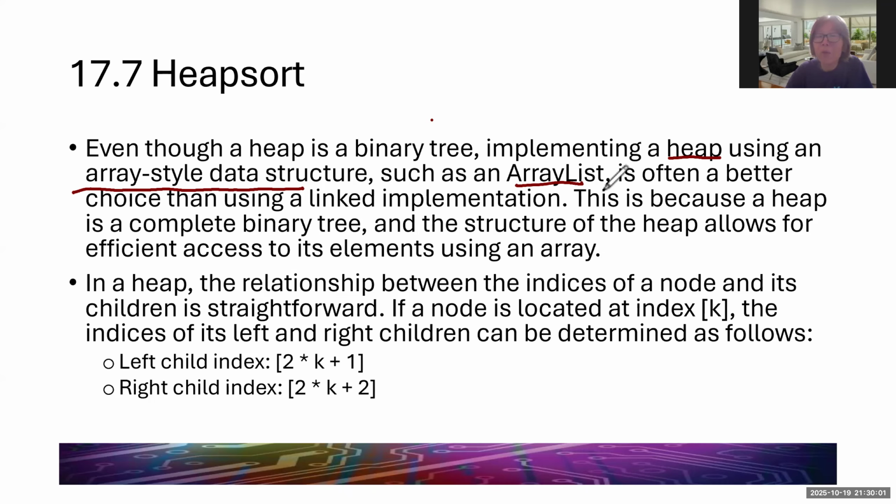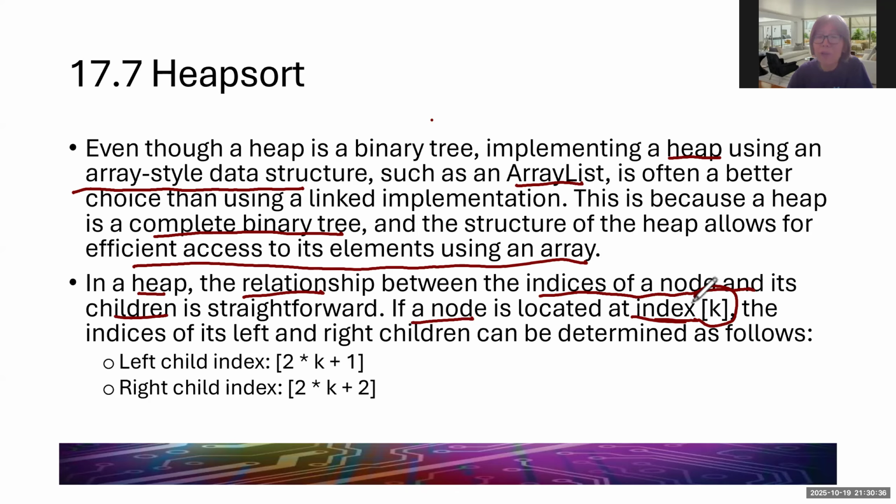And why can we do it? Because it's a complete binary tree. Because of the complete binary tree, the data structure allows for efficient access to the elements using an array. So we can take advantage of indexing operations. And there is a relationship in a heap between the indices of a node and its children. It's pretty straightforward.